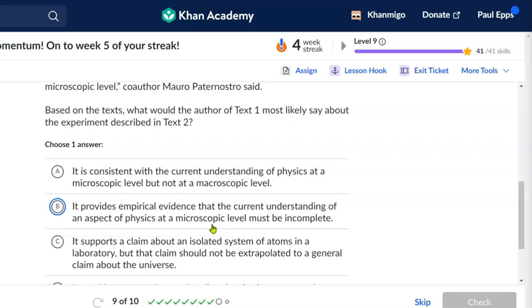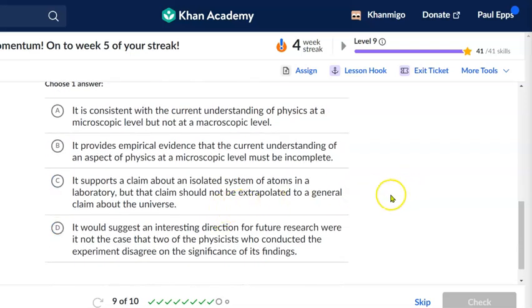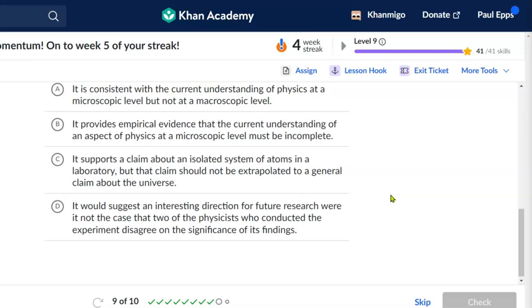Yeah, current understanding is incomplete. C, supports a claim about an isolated system of atoms in a laboratory, but that claim should not be extrapolated. No. D, would suggest an interesting direction for future research, except that two of the physicists disagree on the significance of its findings. No. So, yeah, I mean, the only one that really makes sense here is B.